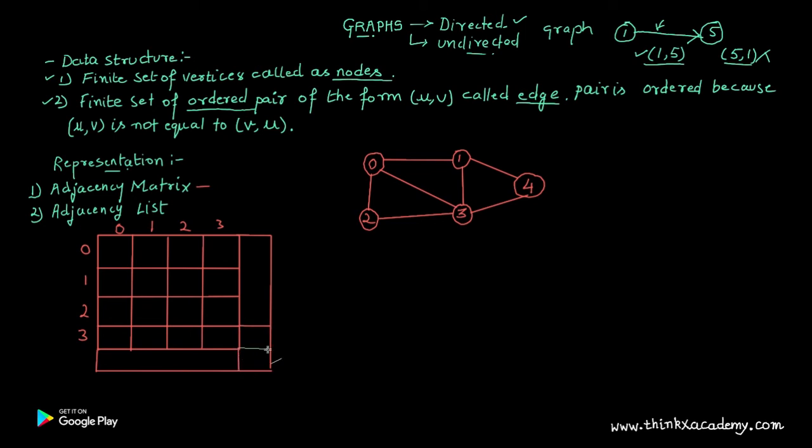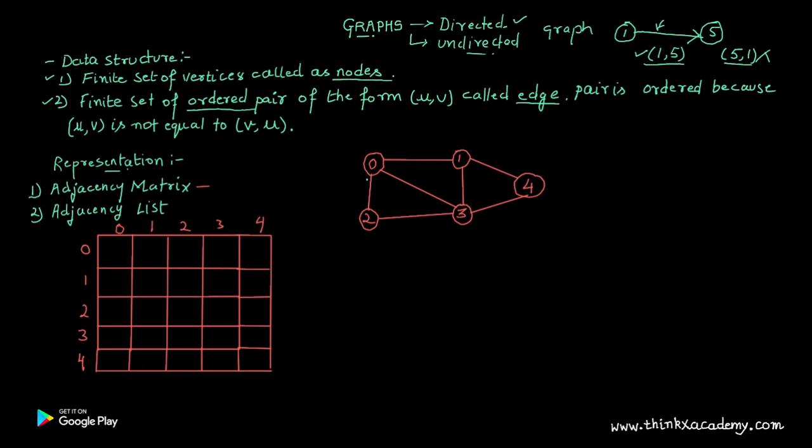So this matrix is a 5 into 5 matrix, and I'm just going to write all the index positions. So let's suppose we can create a two-dimensional matrix with index positions 0,0, 0,1, 0,2, 0,3, 0,4, and similarly like this.